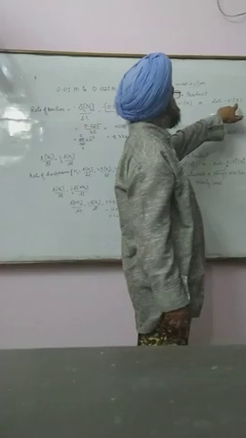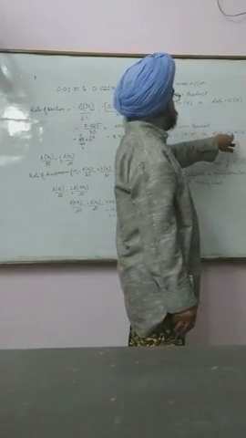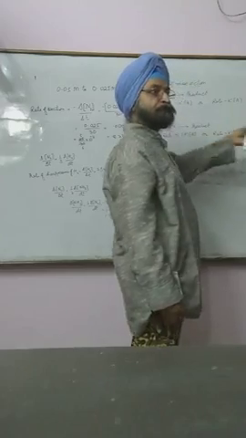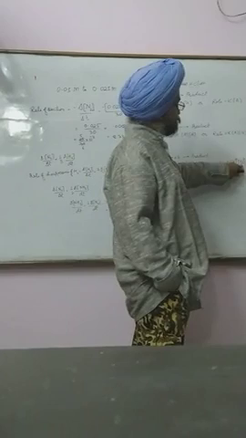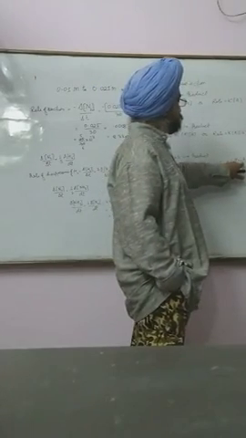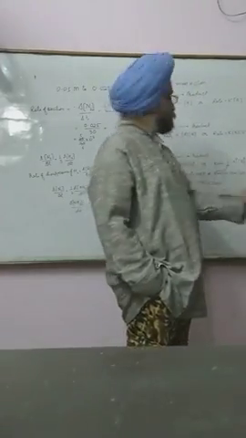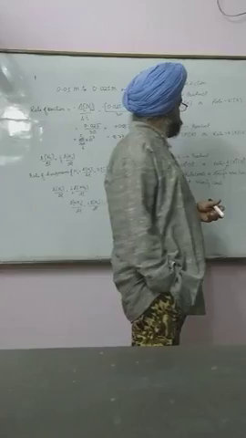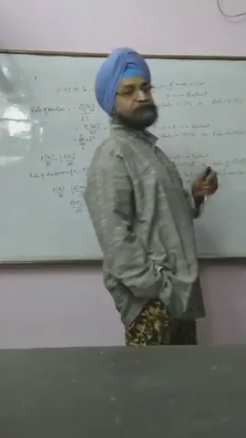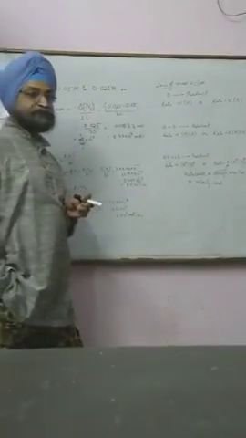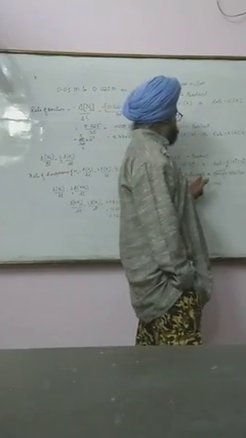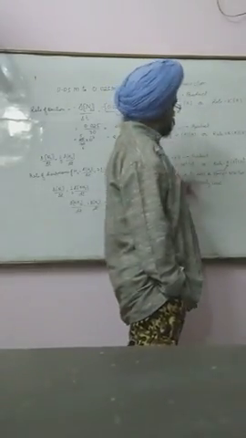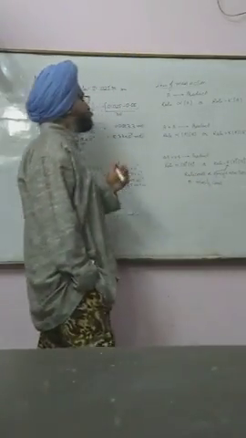If the concentration of reactants is taken as 1, then K is equal to the rate of reaction. 1 raised to any power comes out to be 1, and 1 multiplied by K comes out to K. Hence, rate constant or specific reaction rate or velocity constant is equal to the rate of reaction when the concentration of all the reactants is taken as unity. I repeat it again, rate constant is equal to the rate of reaction when the concentration of all the reactants is taken as unity.